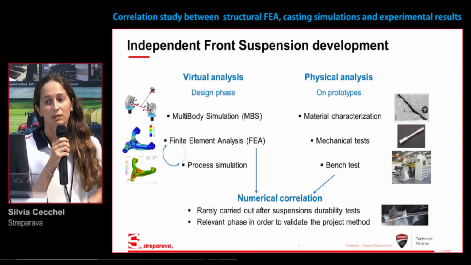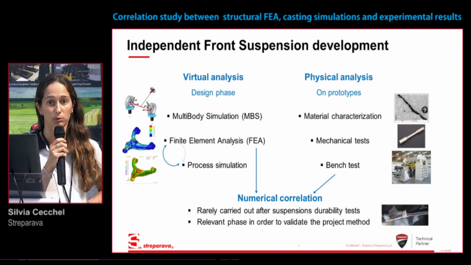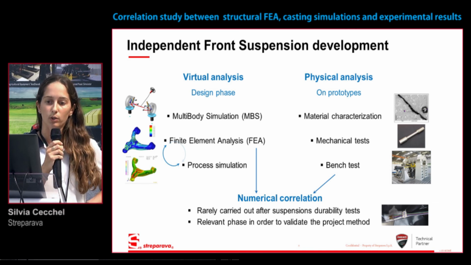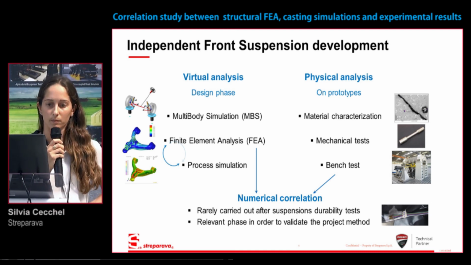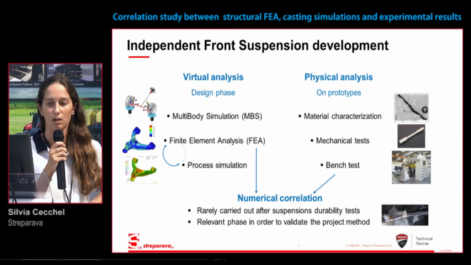So let's go more in depth with the definition of the virtual analysis conducted during the design phase, starting from multi-body simulation on the entire suspension system in order to find the loads acting on the component that are used during the next finite element analysis, which are used to find the stress acting on the component itself.